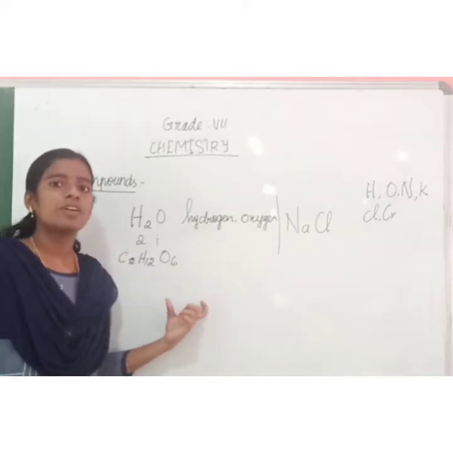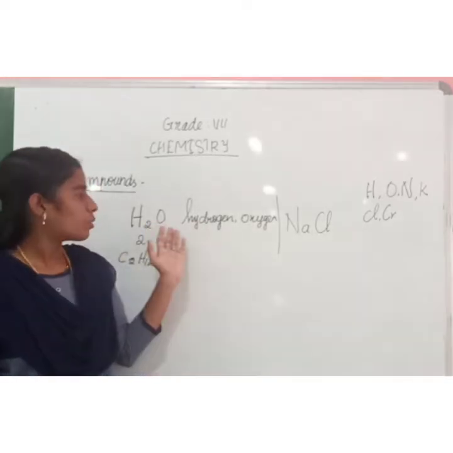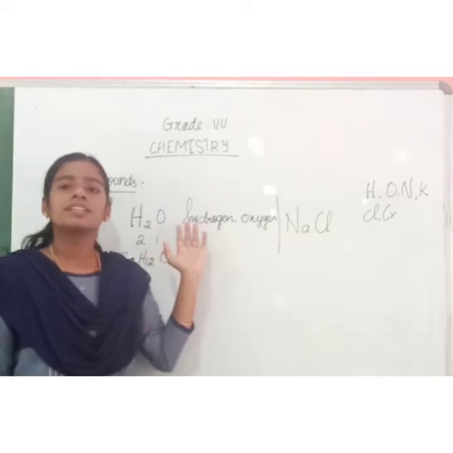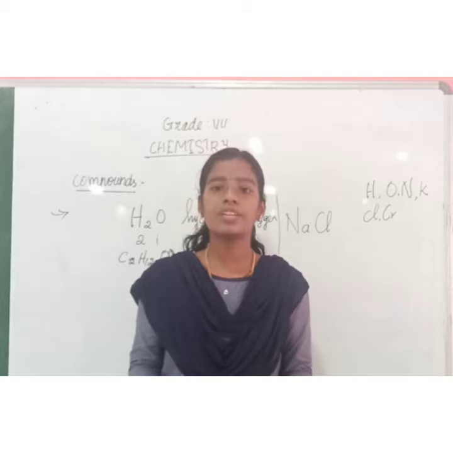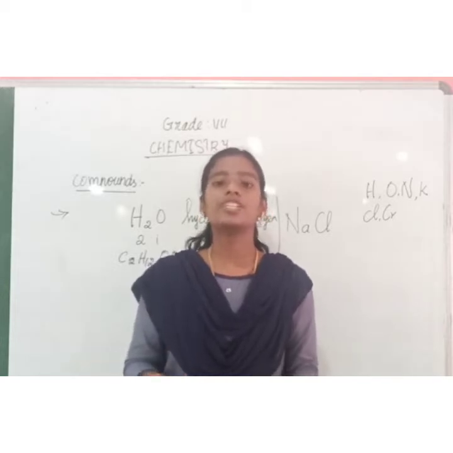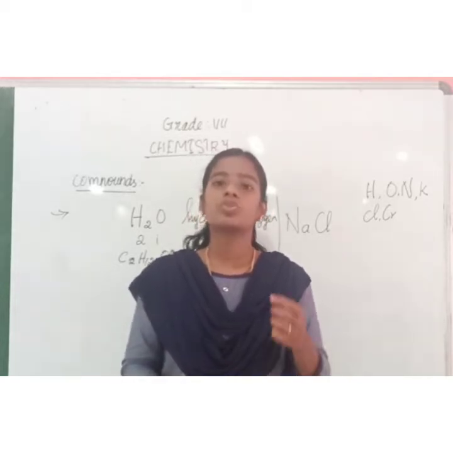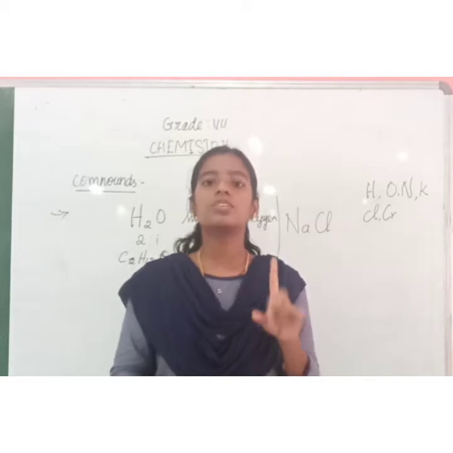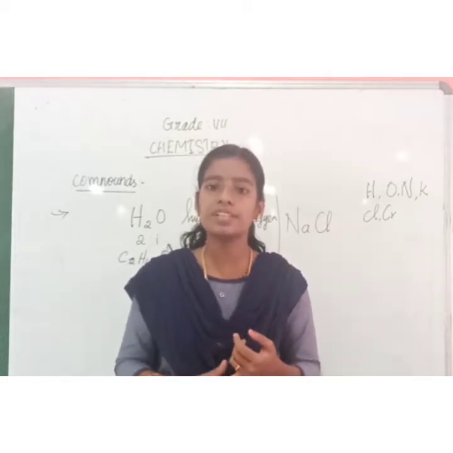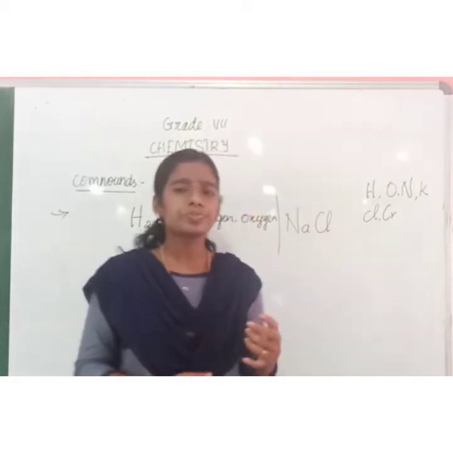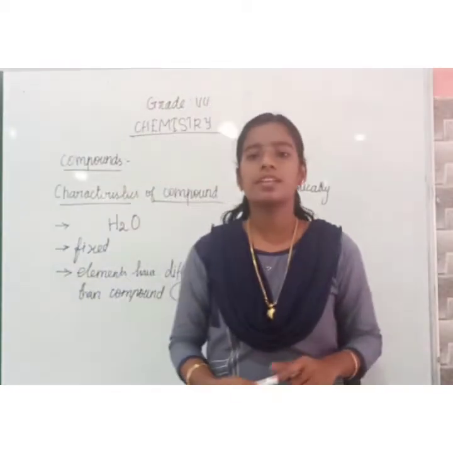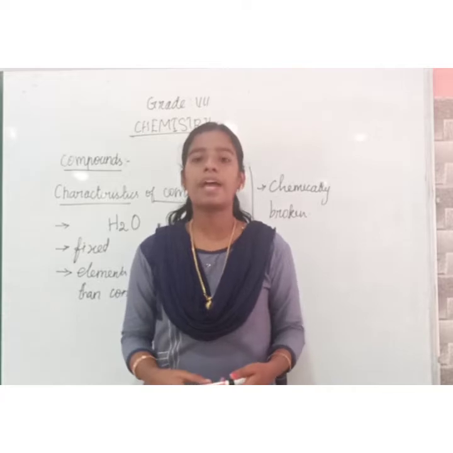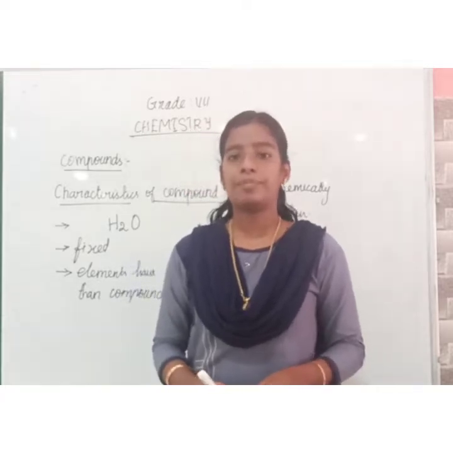The water molecule is a compound. Then NaCl is table salt. The salt we use is a combination of sodium and chlorine, NaCl. Sodium 1 atom, chlorine 1 atom, so its proportion is 1:1. Did you understand what compounds are? Compounds are formed by the combination of elements.